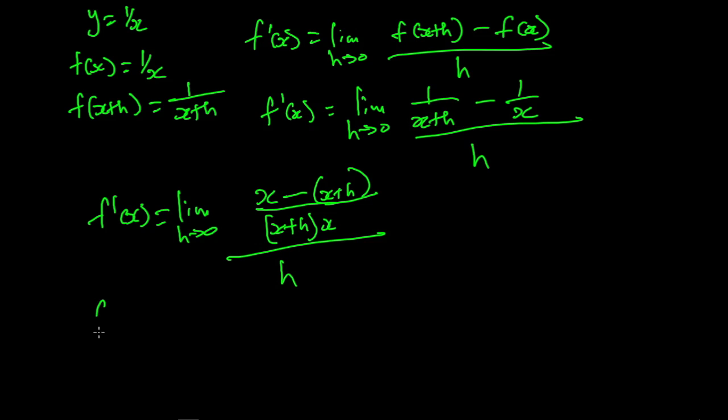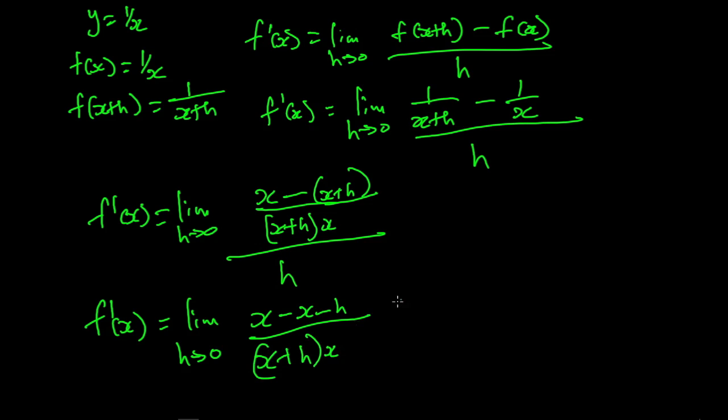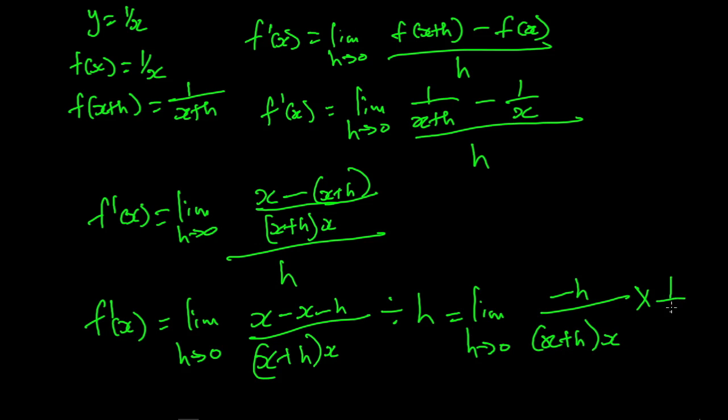So our f prime of x is equal to the limit as h approaches 0. Now this is the same as x minus, expanding this, x minus h all over x plus h multiplied by x, then everything divided by h. And this is still the same as the limit as h approaches 0. x minus x minus h results in minus h, over x plus h multiplied by x, then multiplied by 1 over h.